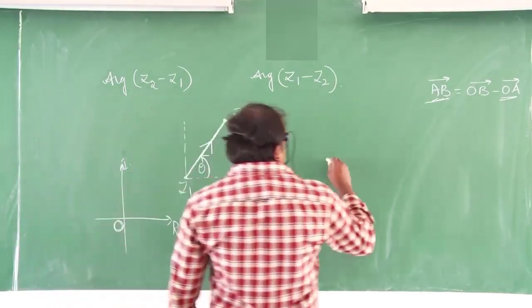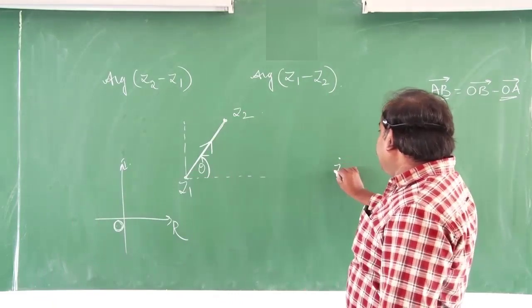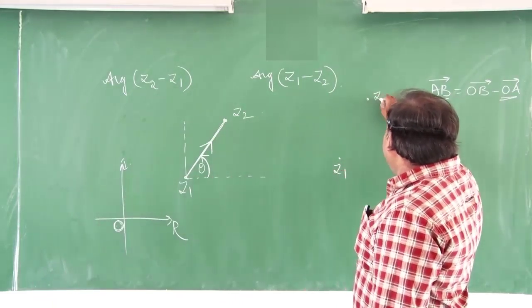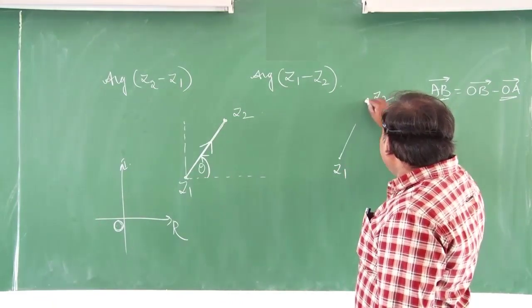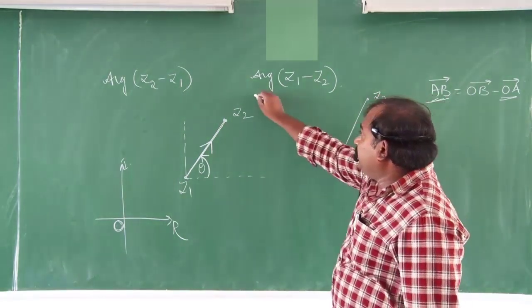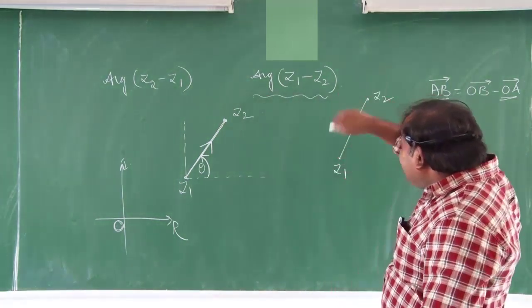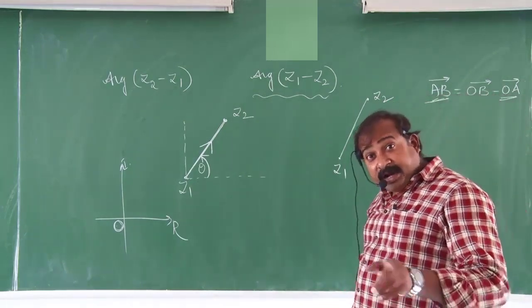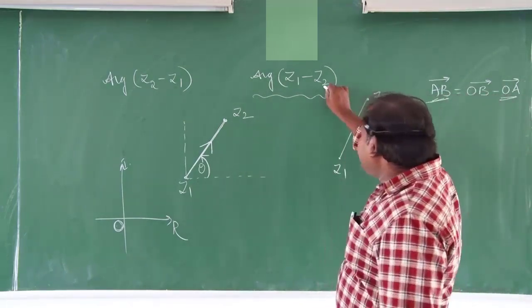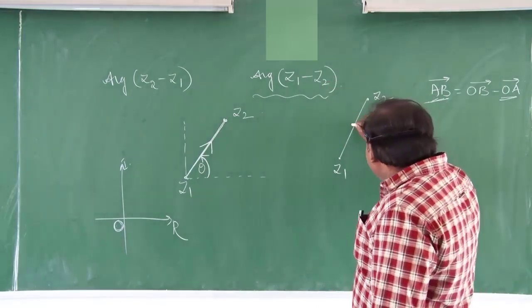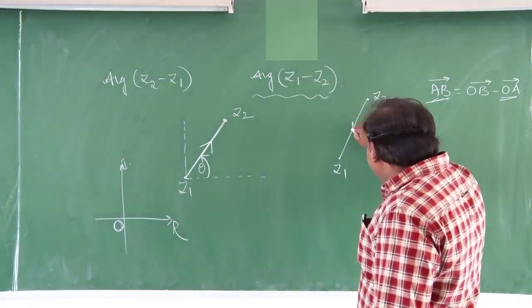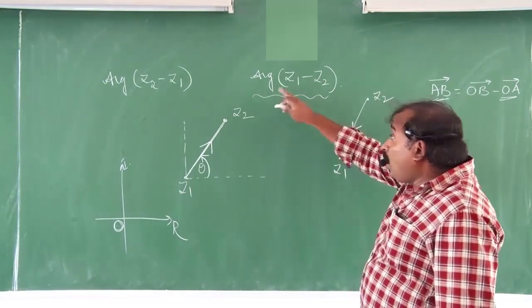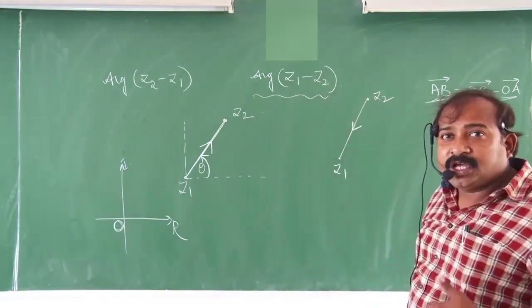Now for the same thing, for example, Z1 is here, let Z2 be here. If they give argument of Z1 minus Z2, Z1 minus Z2 means Z2 is the initial point and it is directed towards like this. Then they give the argument. So how can you do it?